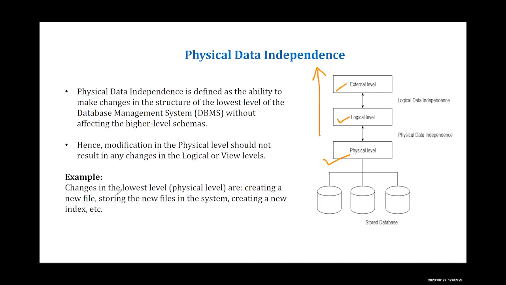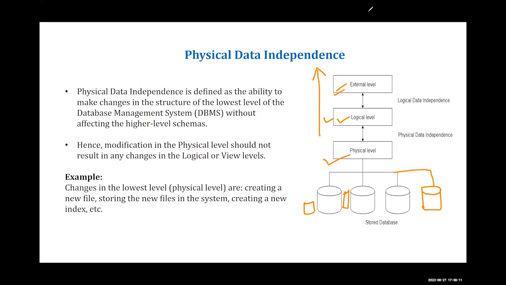Examples of changes at the lowest level are creating a new file, storing new files in the system, creating a new index, changing the indexing, or adding one more hard disk. All these changes should not affect your logical or external level. That is when it is called physical data independence.